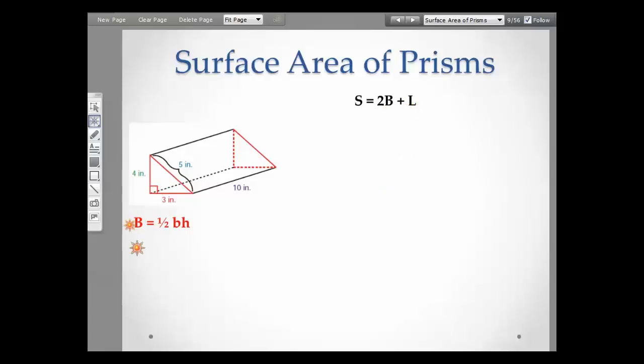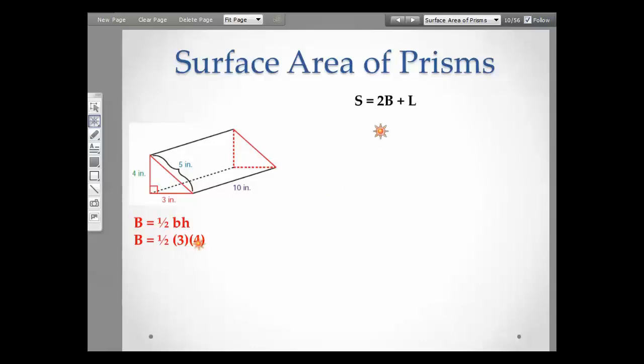First, come down here and you can see in red, I've started with B, capital B equals half little b times h. And this little b means the base of the triangle, and the little h means the height of the triangle. So for the base, I'm going to take that 3 and plug it in for the little b. I'm going to take the 4 and plug that in for the little h.